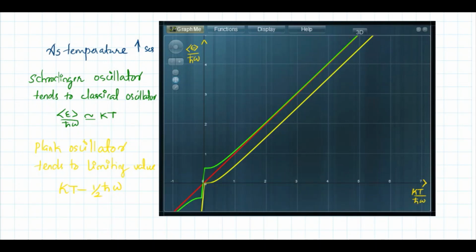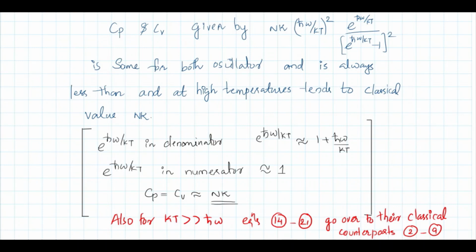So at high temperature, we can say that the quantum mechanical behavior and classical behavior match. But for the Planck oscillator, the value has a reduction by a factor of half h cut omega. It is always reduced by an amount half h cut omega in the case of Planck oscillator. So as temperature increases, the classical treatment and the quantum mechanical treatment take the same value, which is kT.